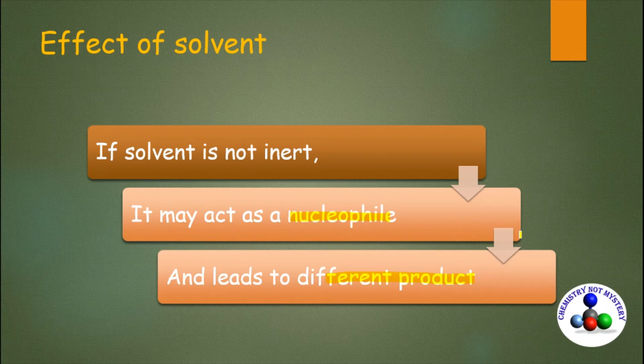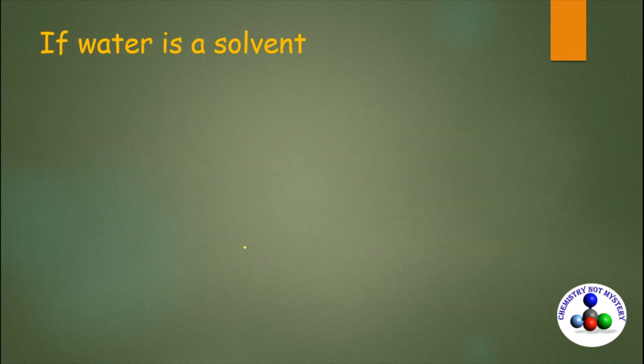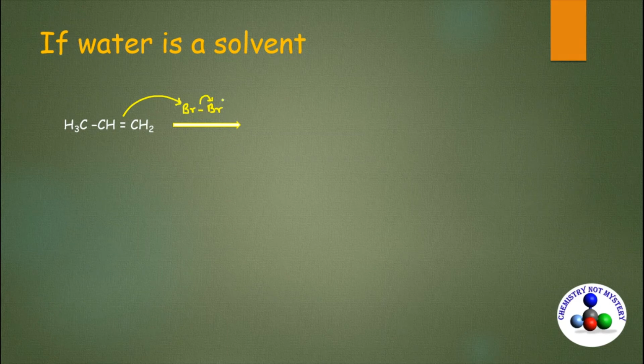Let's see what will happen if we take water as a solvent. The first half of the reaction will remain the same as halogenation when we add bromine to propene. Bromonium ion is formed as an intermediate. It's a three-membered cyclic molecule in which Br is attached to both the sp2 carbons and carries a positive charge.